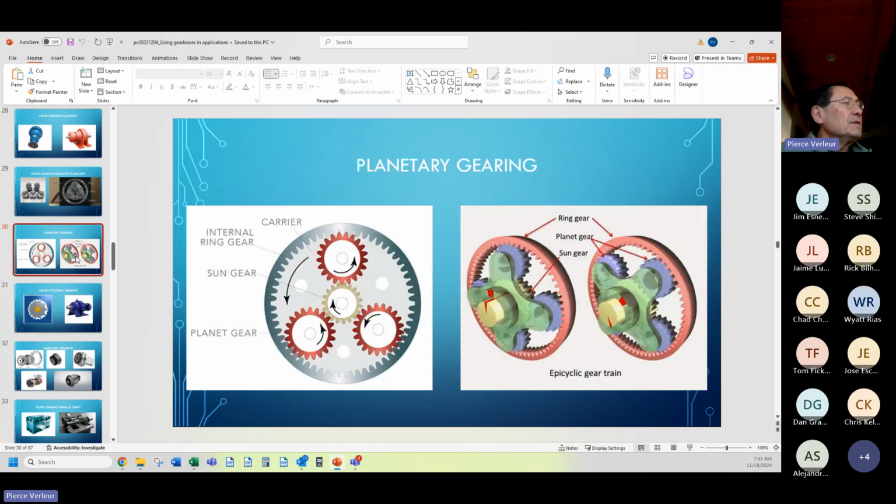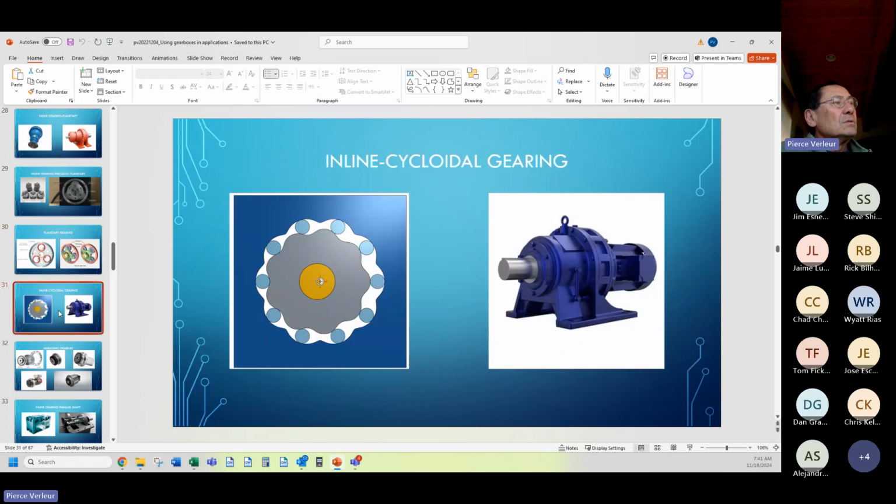So teeth, lobes. This is zero backlash gearing in most cases. And it's extremely stiff. I'll define stiff in a moment. And it can transmit a lot of torque because of the extra surface area involved.